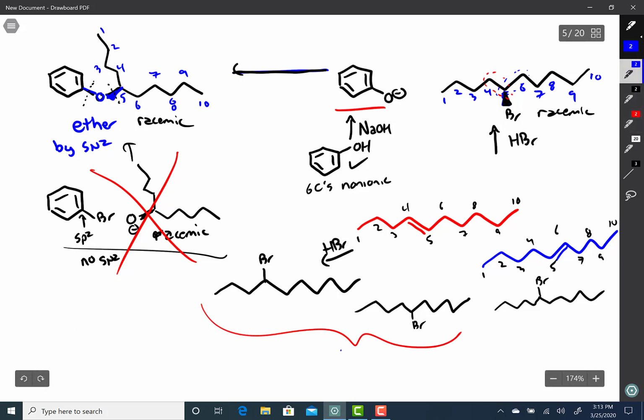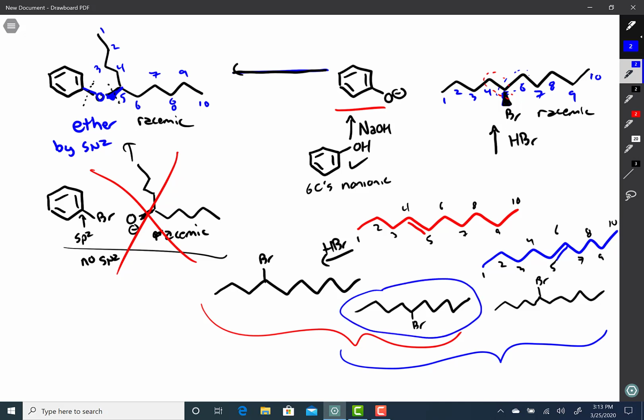The blue alkene goes to these two possibilities. And remember, the possibility that we want is this one right here. These molecules are constitutional isomers, with different connectivities. These molecules, on the other hand, are the same.